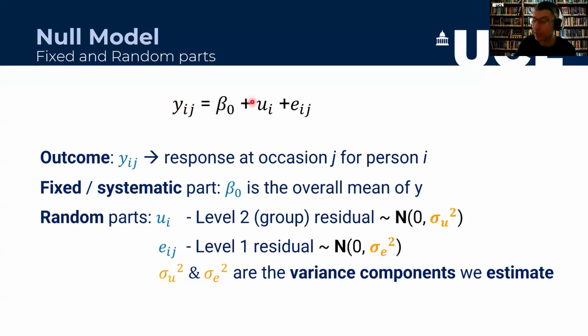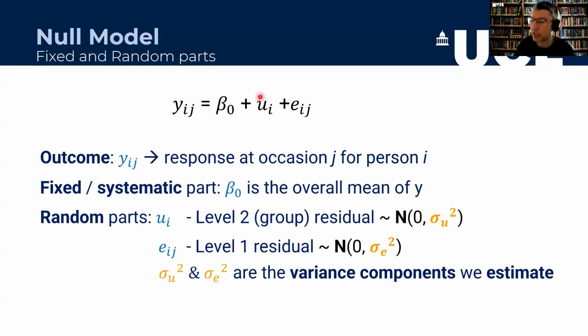Yij is equal to the sum of these two random parts. The first one tells us the distance between a country-specific mean. I'm going to stick to country just so that we have a structure of our data in mind.